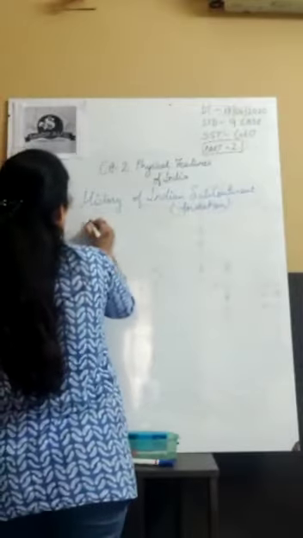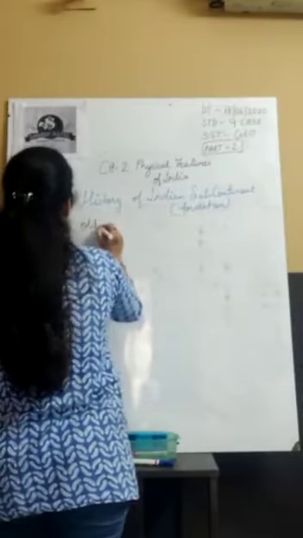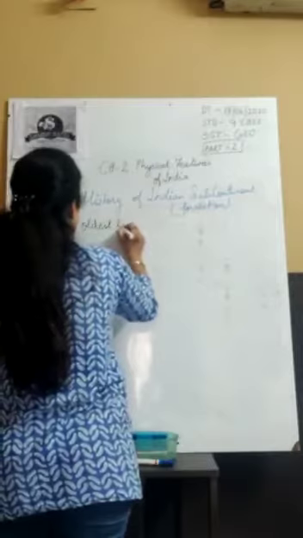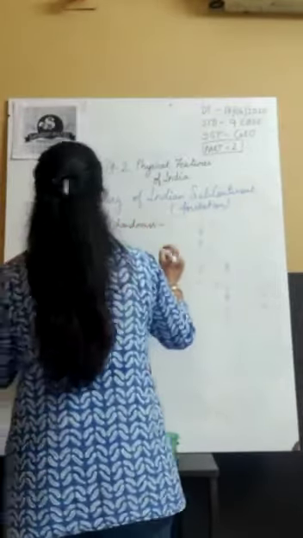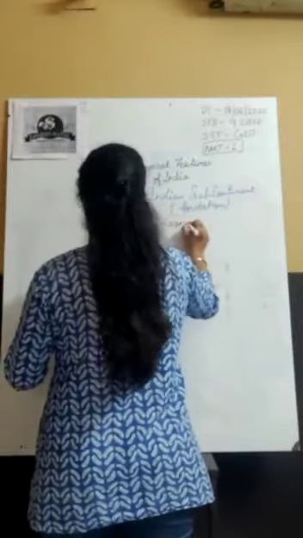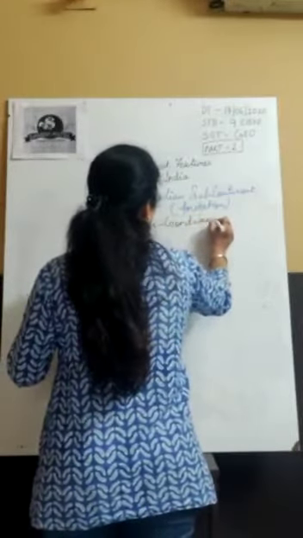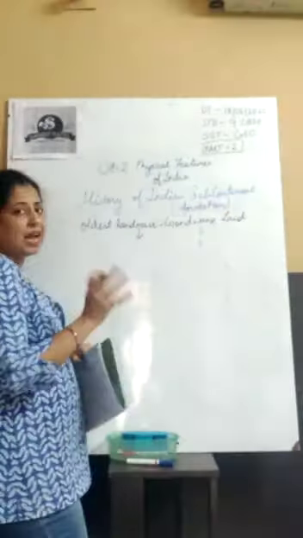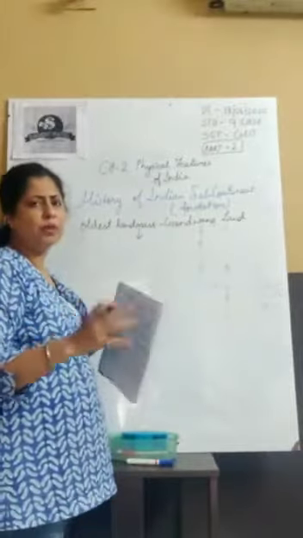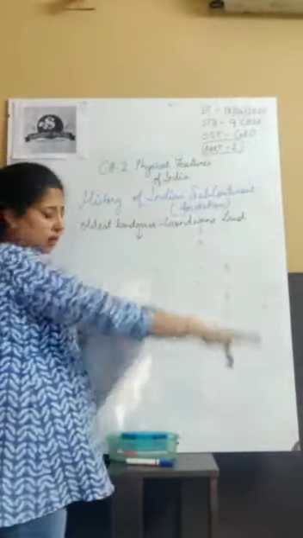So I can write it: oldest landmass, Gondwana land. The oldest landmass, the big plot of landmass, was named Gondwana land.